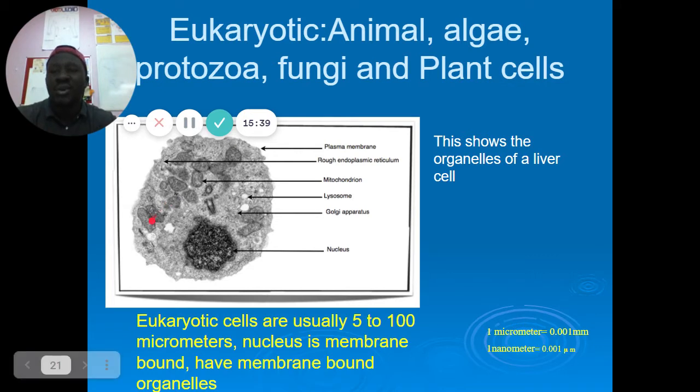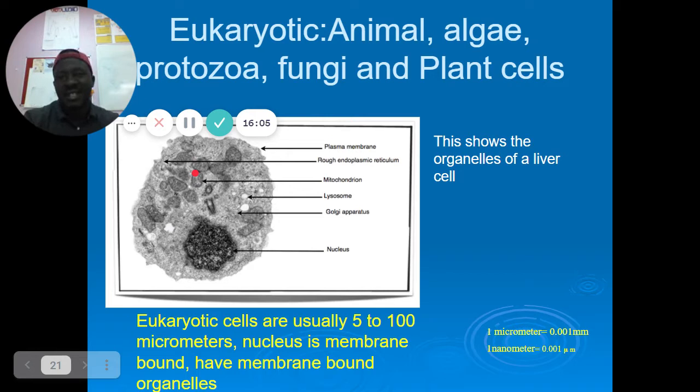The presence of mitochondria shows it's a very active cell, because there is a lot of aerobic respiration. Even the lysosomes that produce the peroxisome enzymes, which produce hydrogen peroxide and reduce the toxicity that is produced, are highly present here.